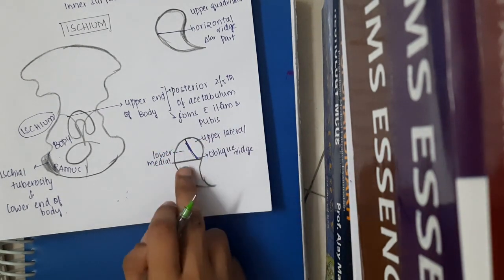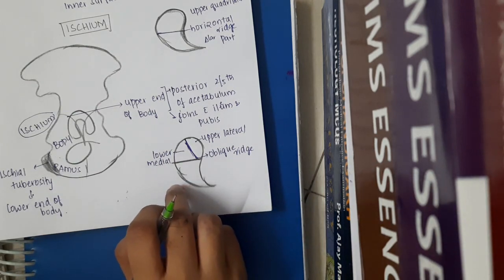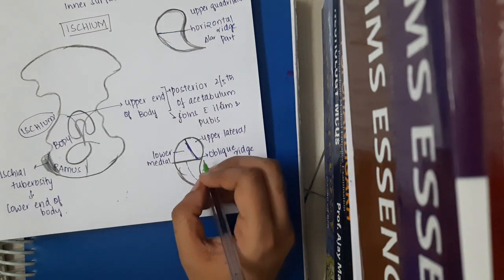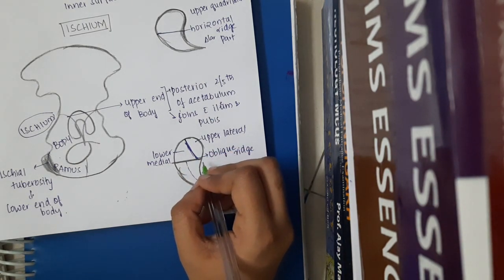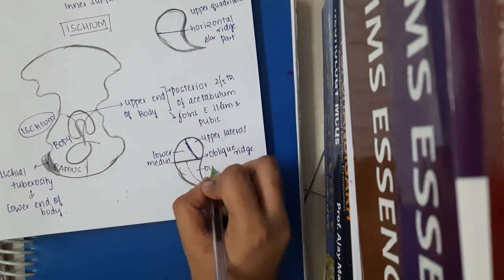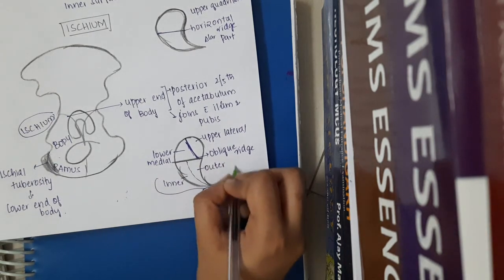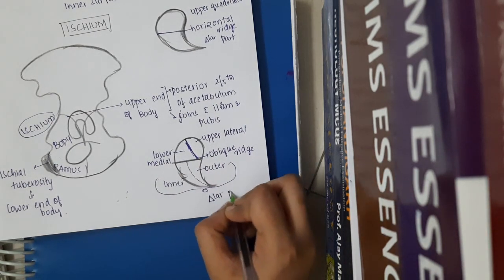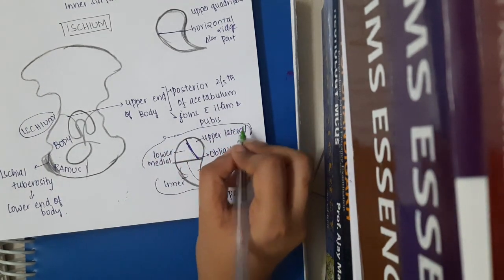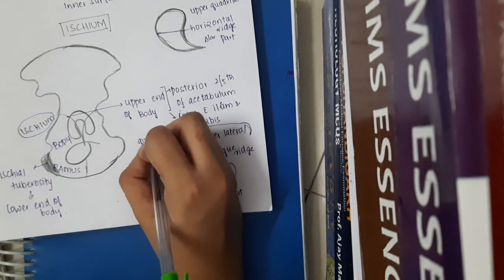Then the lower triangular part is subdivided by a longitudinal ridge into outer and inner parts. So the outer and inner parts belong to the triangular part, and the upper lateral and lower medial parts belong to the quadrilateral part.